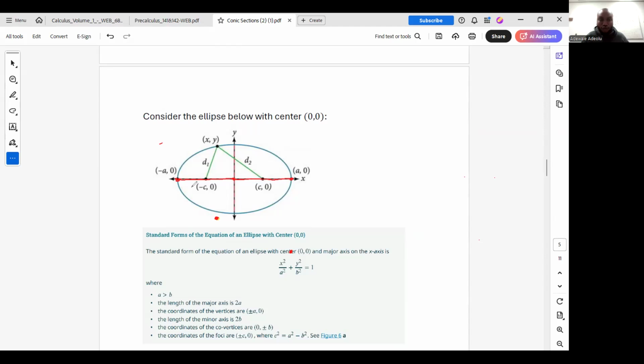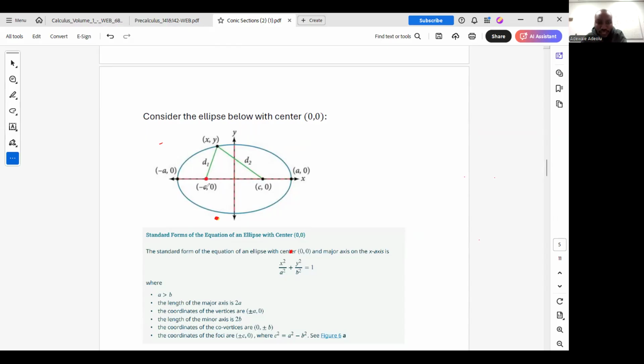If I ask you, what is the length of the major axis? That is from this end all the way to this end. That will be 2a, the length of everything. Okay. Again, we also have this point, that is our focus here.